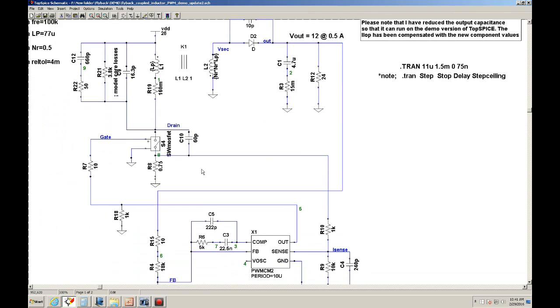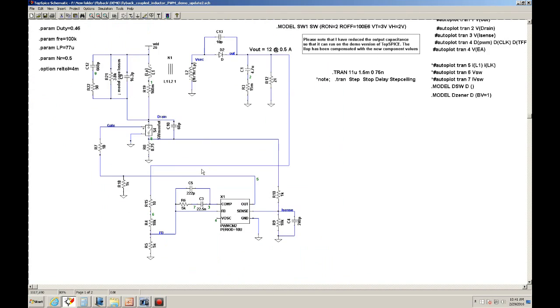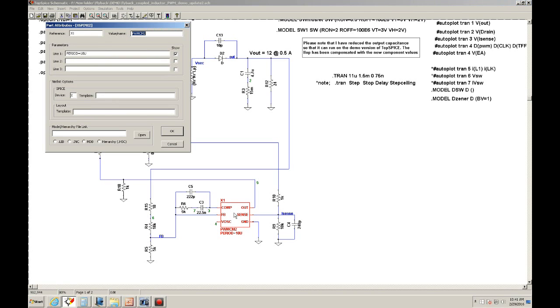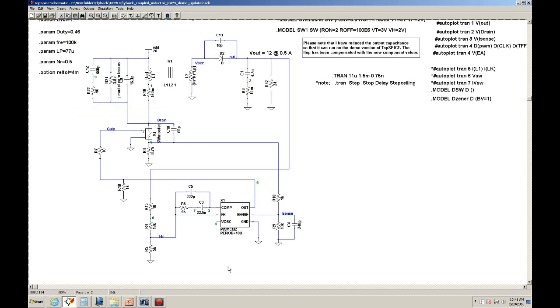Now, TopSpice is a very powerful simulator. It has 30,000 parts or models, and one of the models included is the model developed by Christophe Basso. This is the PWM CM2.